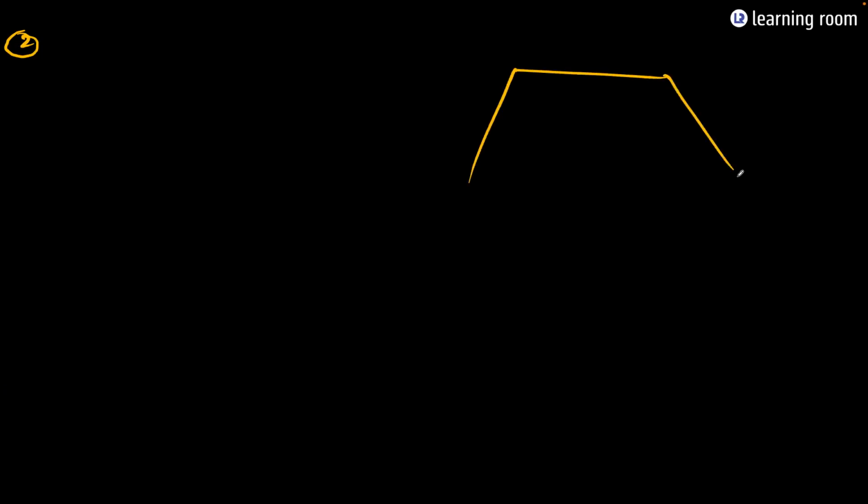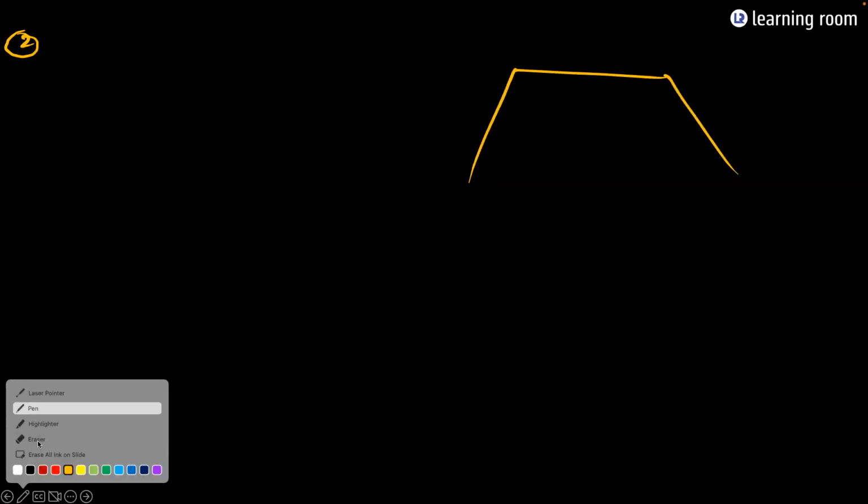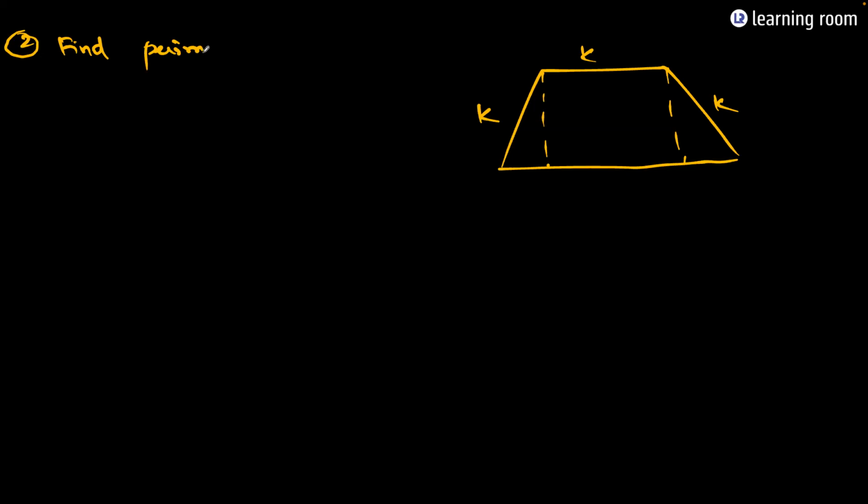They have told that there is a trapezium, and each side here is going to be k. So when I drop a perpendicular from here and here, I need to find the perimeter when area is maximum.